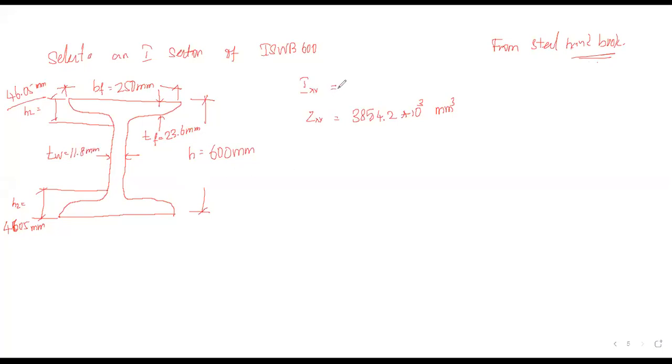Then IXX value is equal to 1,15,626.6 into 10 to the power 4 mm to the power 4.